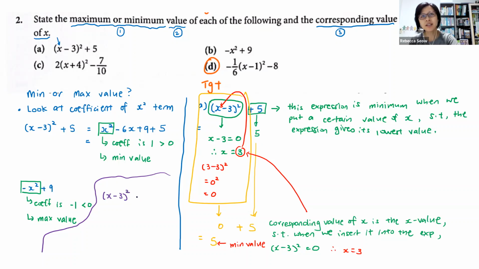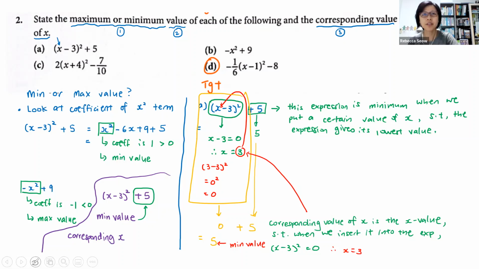Given an expression in the form where the square has been completed, the minimum value would be taken from here. This is the minimum value. Okay. Now, what about the corresponding x value?